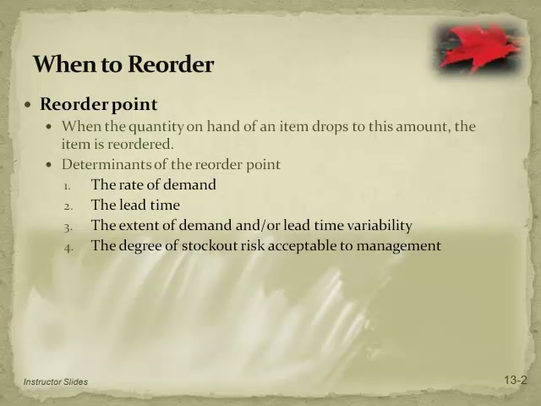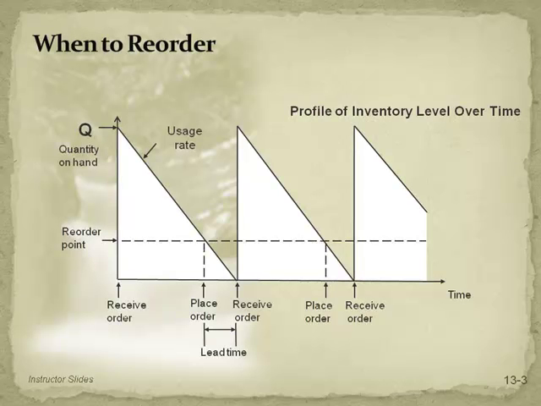That is, we don't have any inventory when a customer wants to buy it. So, having said that, let's see the reorder point from a graphical point of view. This is our basic economic order quantity model here. We've seen this before. We start out at some period of time with a certain quantity, and we're assuming we have a constant demand or a constant usage rate.